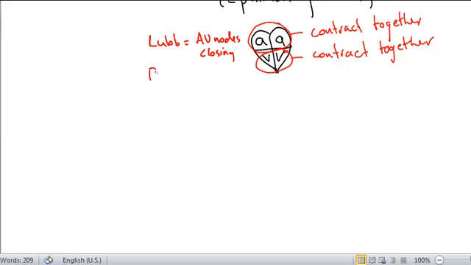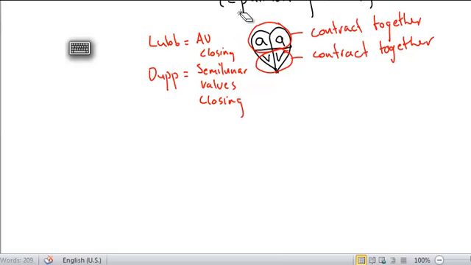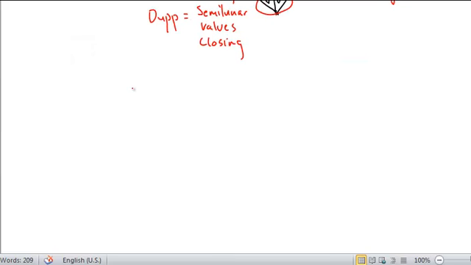And the dup is your semilunar valves closing. Okay, just to backtrack and correct something I said here, not your AV nodes, your AV valves. Okay, there are AV nodes we're going to talk about, but your AV valves closing. So as they close, they make this little lub sound. Okay.